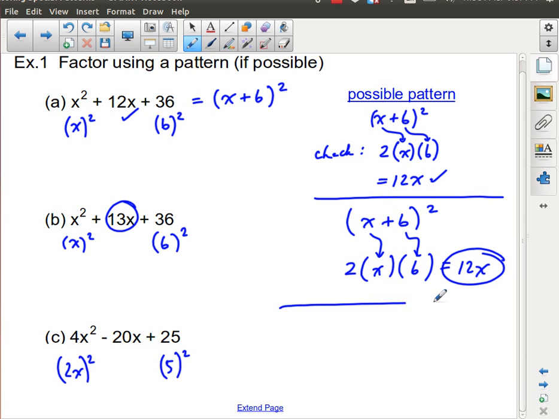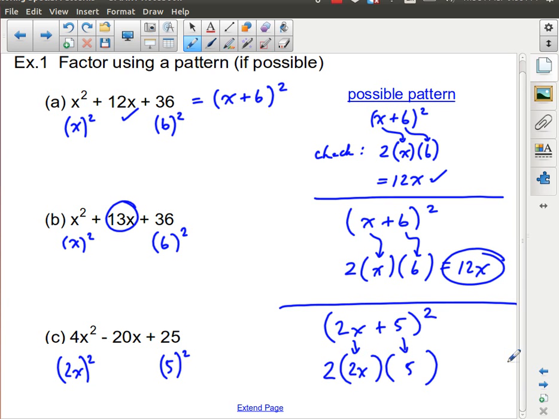So my possible pattern is 2x plus 5 all squared. That's my possible pattern. So I take 2 times what? I bring down a 2x, I bring down a 5, and what is that equal to? Do the numbers first. 2 times 2, that's 4, times 5 is 20, and then there's an x.